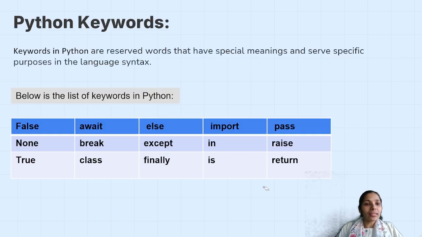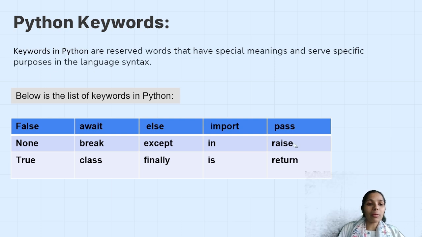So the next part is the Python keywords. Keywords are reserved words which have a specific meaning, and they have their specific purpose in Python. For some specific purpose they are being used, and these are reserved words, and reserved words cannot be used as variables.